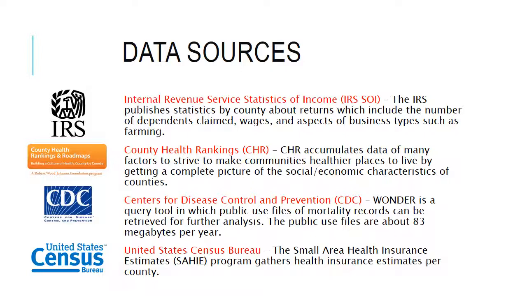The IRS provided information about wages, and the county health rankings provided a wide breadth of social and economic characteristics of the counties. And the Centers for Disease Control had public use files about mortality. And the census information was critical in gathering consistent and reliable health insurance estimates per county.